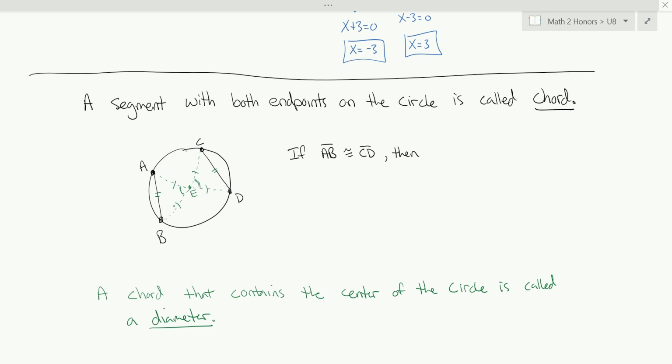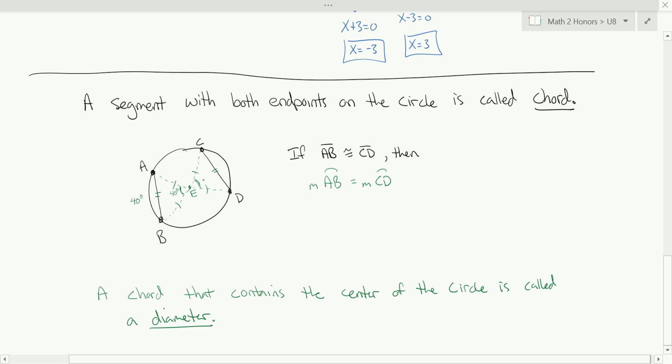Now, if those angles are congruent, then what else is congruent? Measure of arc AB and the measure of arc CD, because the measure of arc AB is that angle, right? So like if this is 40 degrees right in here, then this is 40 degrees.